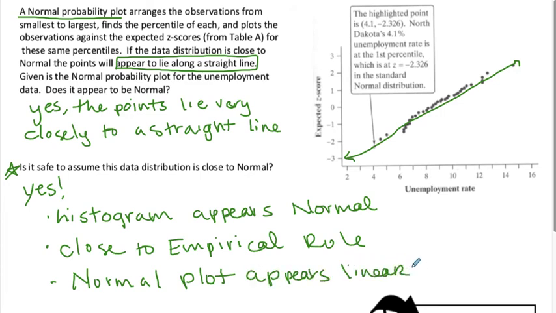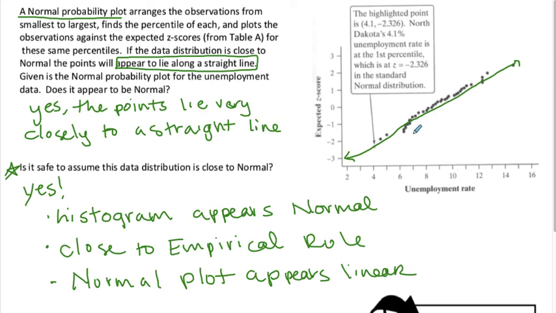So while I've never seen any test question, whether it was College Now or AP, that required us to actually create a normal probability plot, I have seen them provide the data in a plot like this and said, all right, is it safe to say that it appears normal? I've seen graphs where they had ones that looked like this.